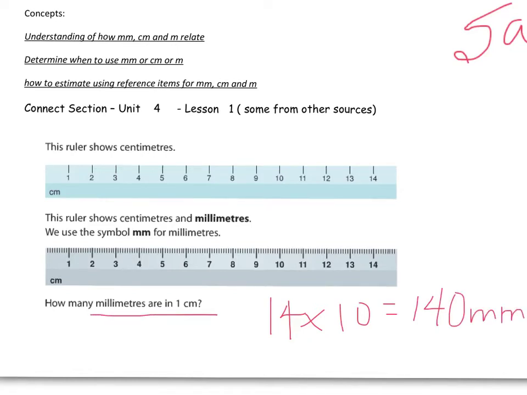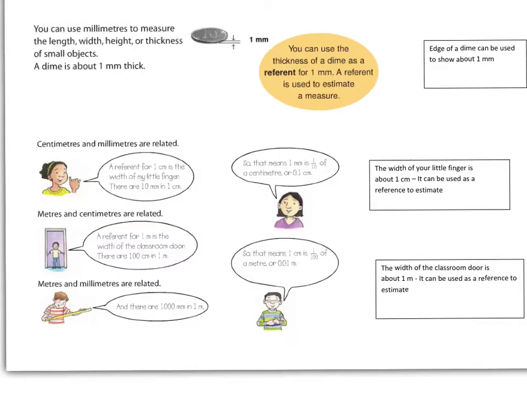So how many millimeters are there in 1 centimeter? We've talked about this last unit. 10 millimeters is equal to 1 centimeter. Now, you can use millimeters to measure the length, width, or height and thickness of very small objects. It's used for small objects. It's a very small unit. A dime is about 1 millimeter thick.